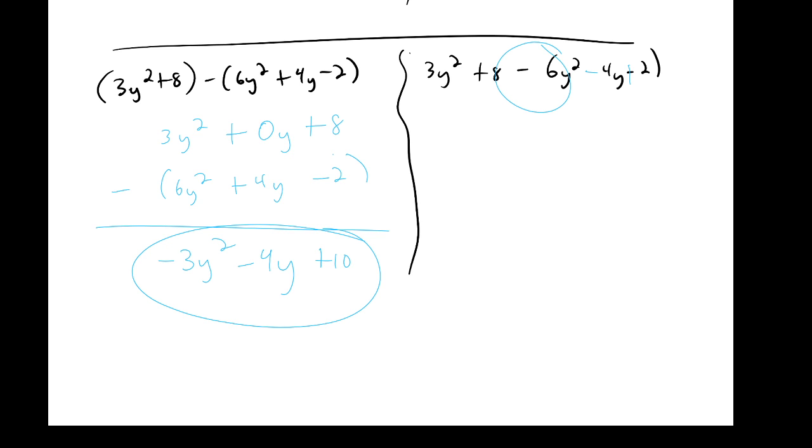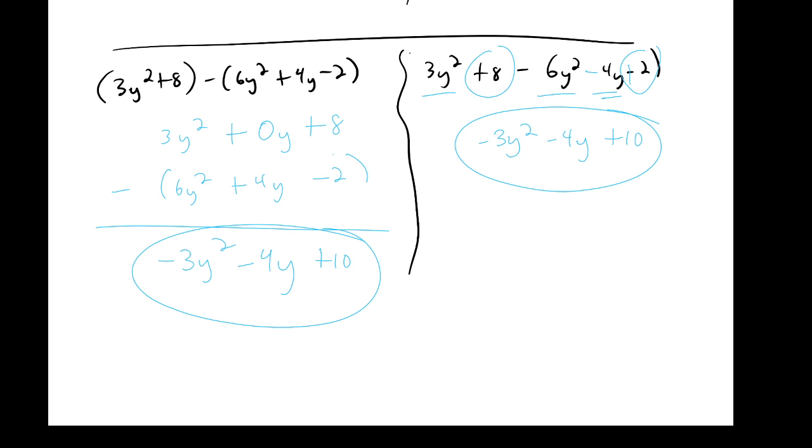My positive 6y became a negative anyway. And then I'm going to start combining my terms. I have a 3y squared minus 6y squared is a negative 3y squared. I have a negative 4y and I have no other y's, so I just copy down negative 4y. Then I have an 8 and a positive 2, and that will give me a positive 10.